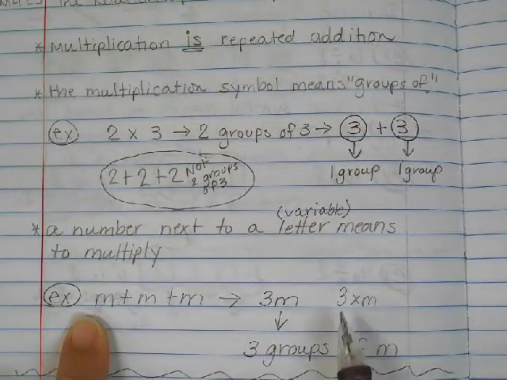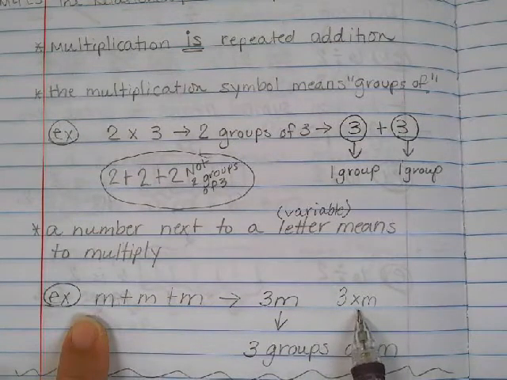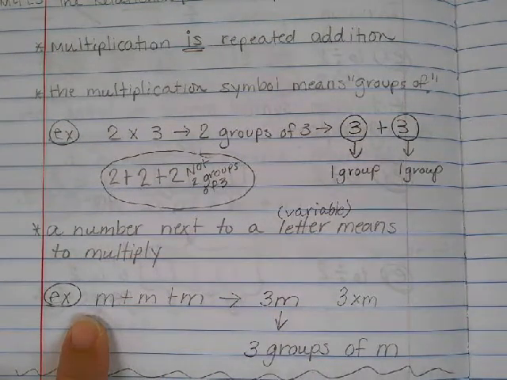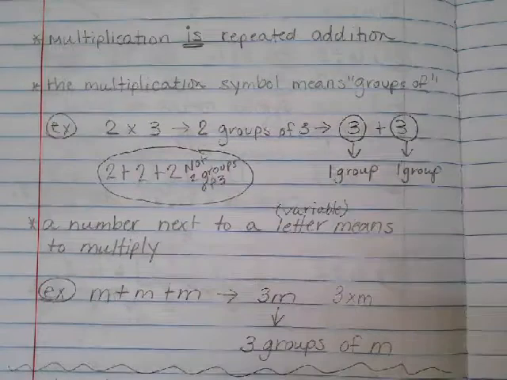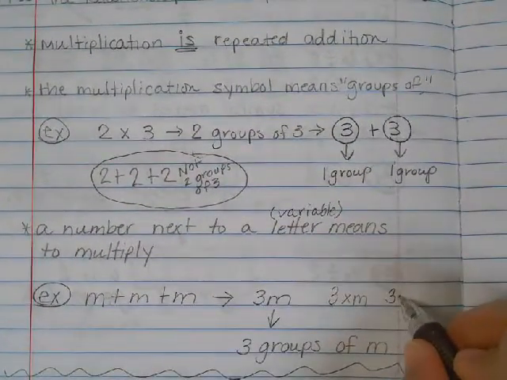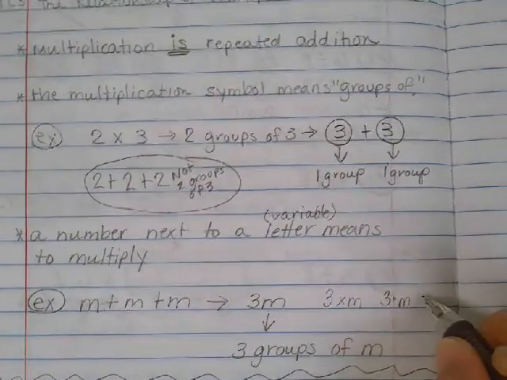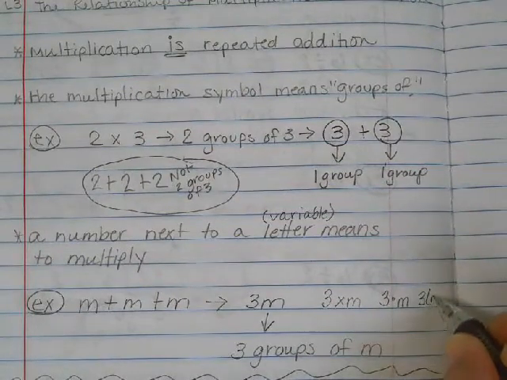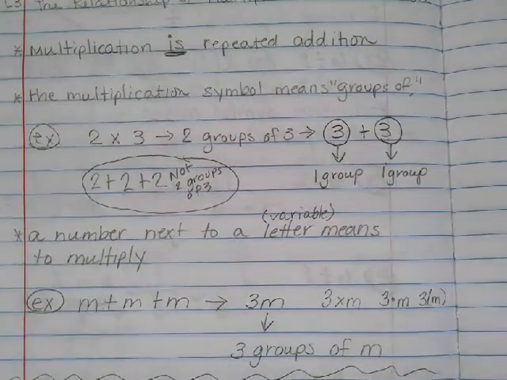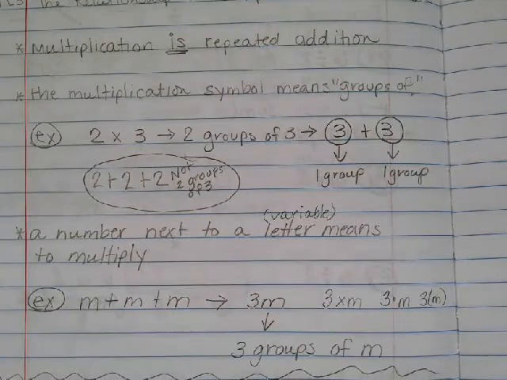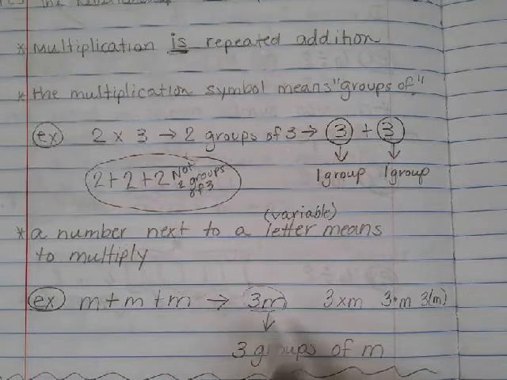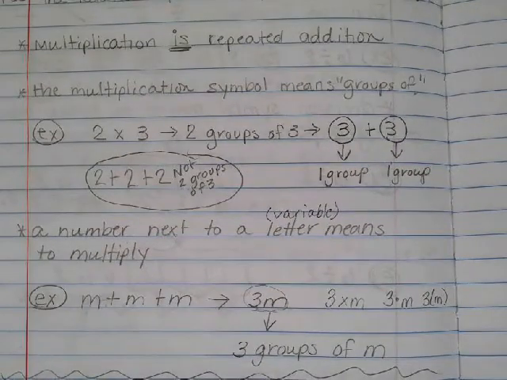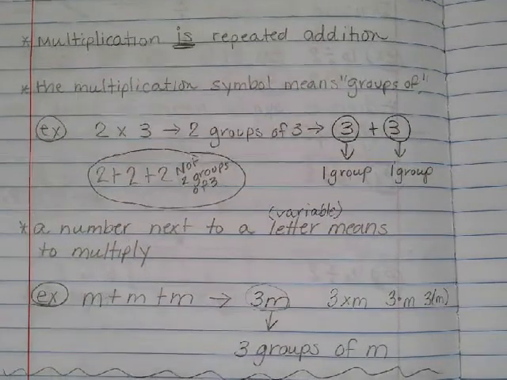But often that multiplication symbol could be misunderstood as another variable. Sometimes it can be written this way, 3 times m, or it can be written with a parenthesis. But those all mean the same thing. This 3m is the preference for writing it in math class.